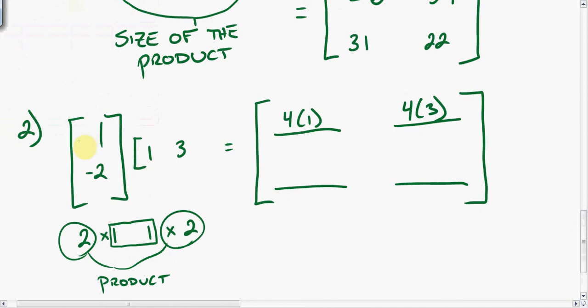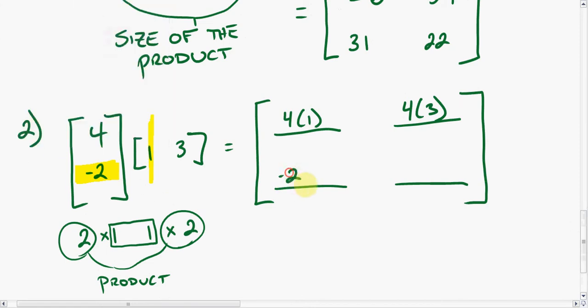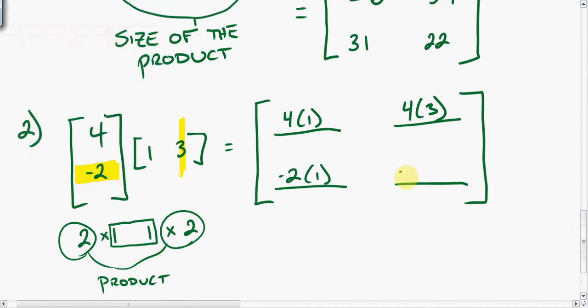Next, second row, first column, so it's -2 times 1. And lastly, second row, second column gives me -2 times 3.